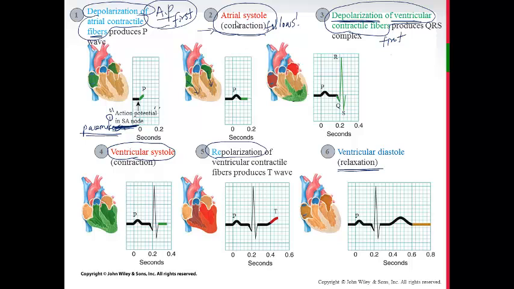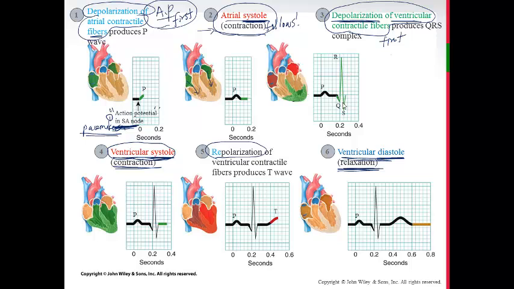Now the other thing is you probably see this word, atrial systole. Systole means contraction. Same here, if you see ventricular systole, it also means contraction. And ventricular diastole is relaxation. The only thing we didn't really see here is the atrial diastole.